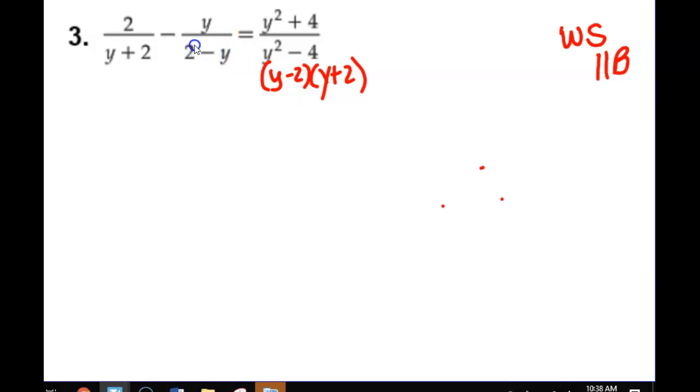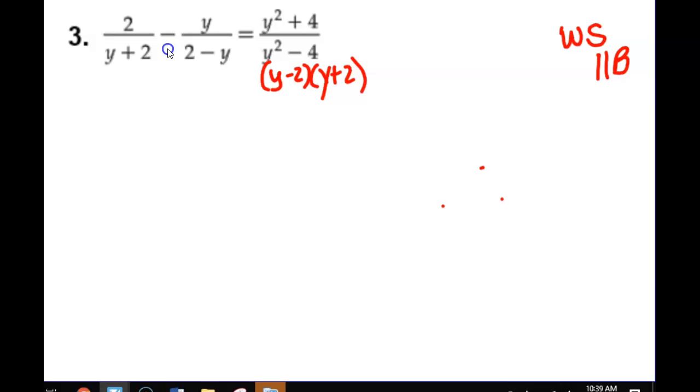Anybody know what's happening here? Yeah. But what could we do to it to make it y minus 2?